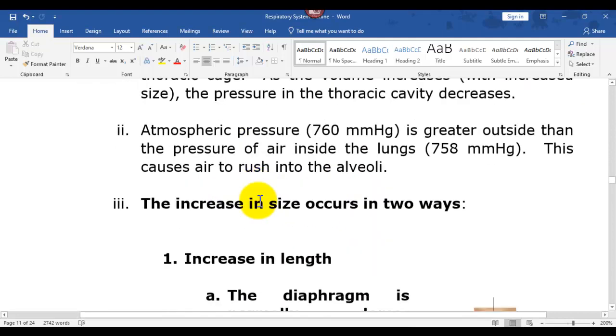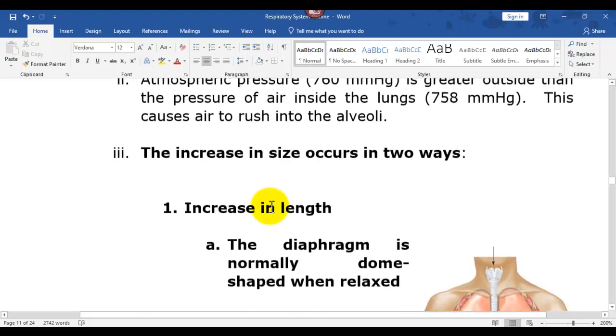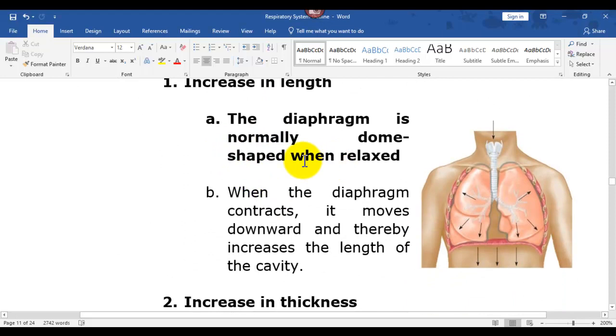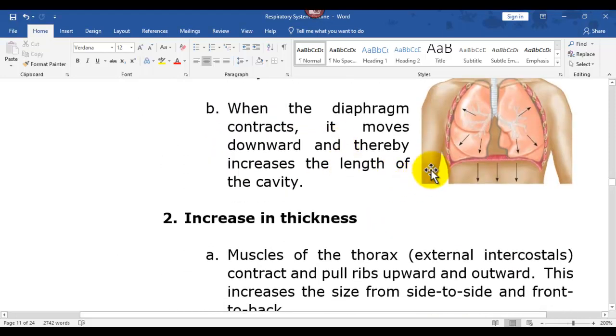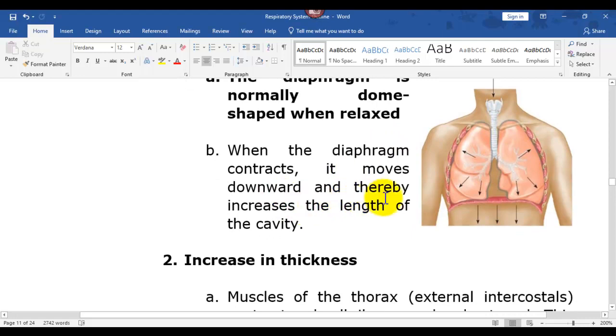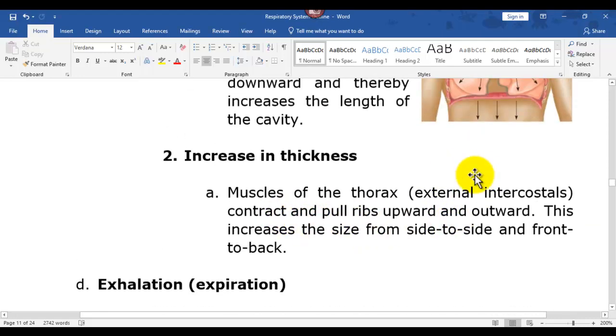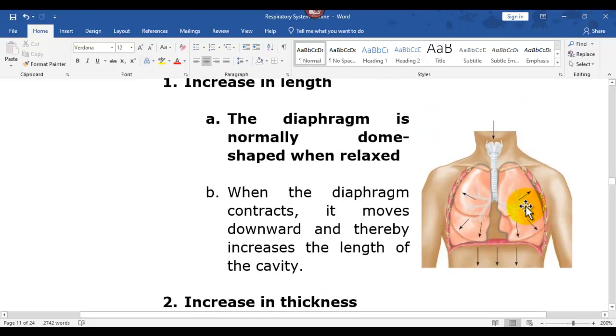So this is what happens in normal function, inspiration, breathing in. The diaphragm, when it's relaxed, is dome-shaped. It's going to contract and push down on organs, which is going to increase the size of the chest cavity. When it contracts, it increases the length, and then the external intercostal muscles between the ribs are going to pull out, sort of out and up.